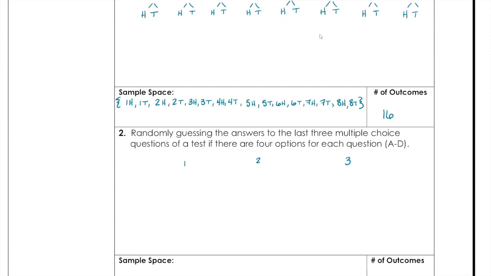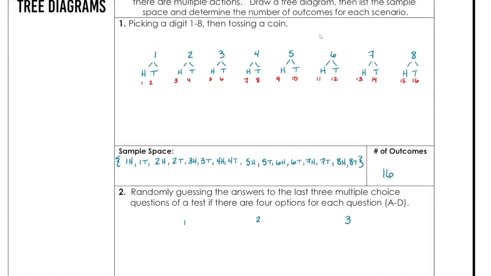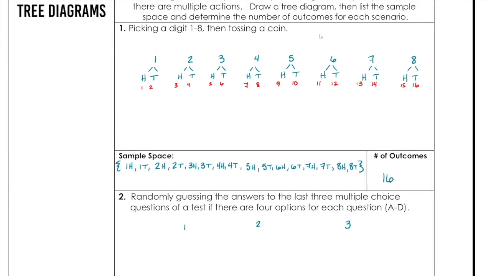And if I look at my tree diagram, I could get that on my own. 1, 2, 3, 4, 5, 6, 7, 8, 9, 10, 11, 12, 13, 14, 15, and 16. So we know that there are 16 possible outcomes from this experiment.